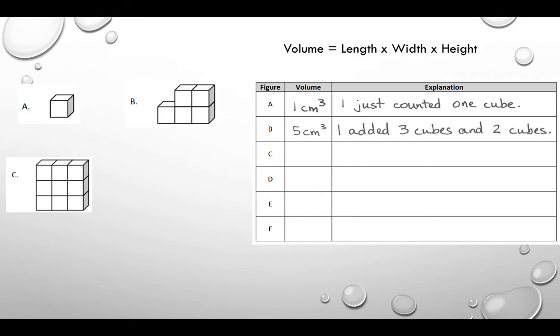So we know that 3 rows of 3 is going to get us a total of 9. And there are also 9 cubes in total, so you would have 9 cubic centimeters or 9 centimeters cubed. For this one, we are going to multiply. We had 3 layers, and each layer had 3 cubes in it, so we multiplied 3 layers times 3 cubes to get us 9 cubic centimeters.